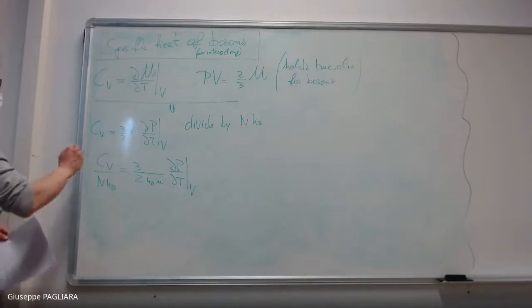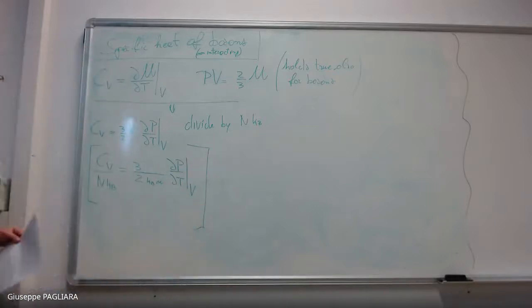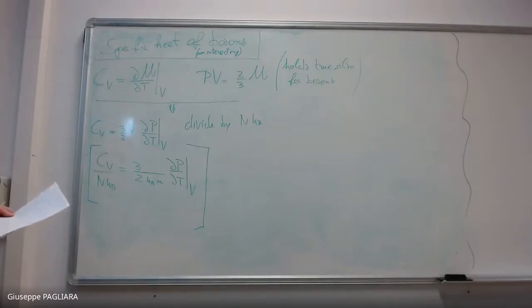Okay, so now we have to consider the situations in which we are in the condensate, or we are in a normal phase. Okay, so now we have to split.